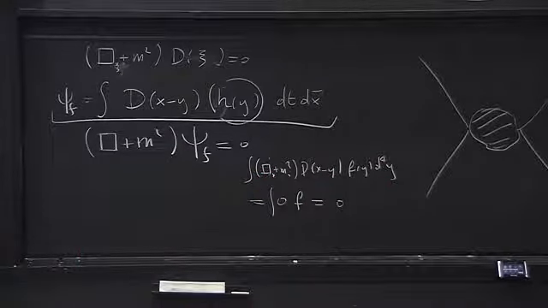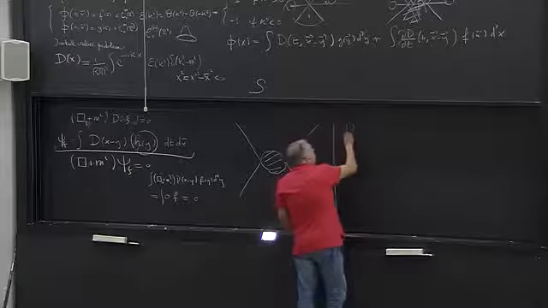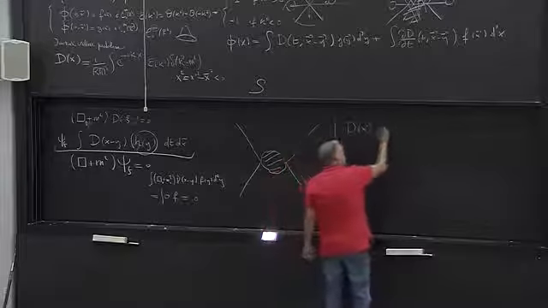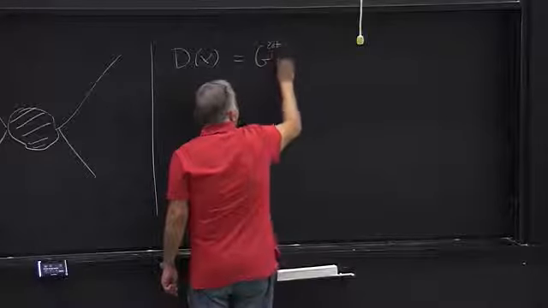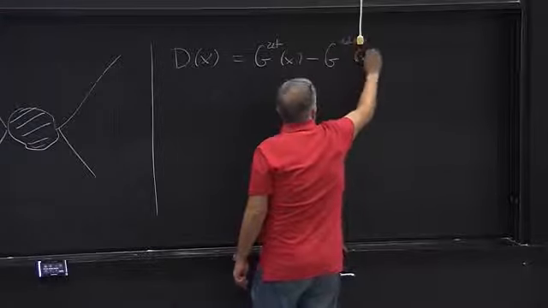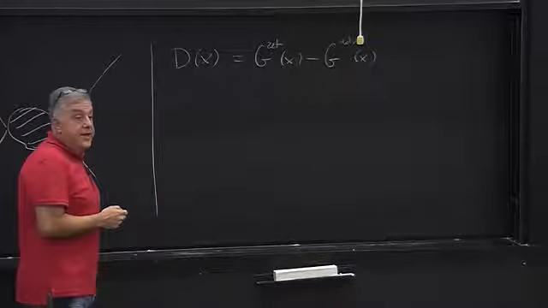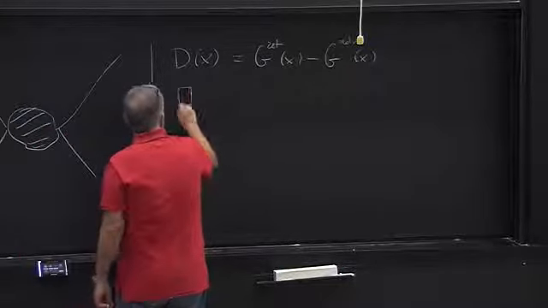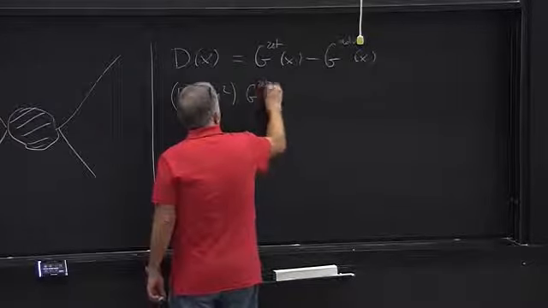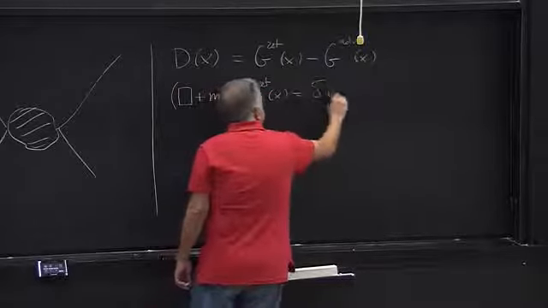To do this, I remind you that the other time we split the Pauli-Jordan function into the difference of the retarded and the advanced propagators. Remember that the retarded and the advanced propagators solve the inhomogeneous Klein-Gordon equation.